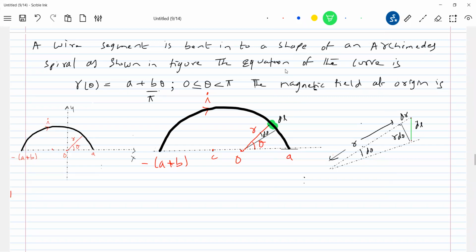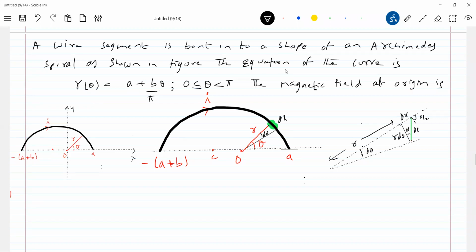Take these angles. Let this be alpha. This is pi by 2. What is our purpose? We have to define the angle, and the current I is flowing; I'm not showing it as I don't have much space.